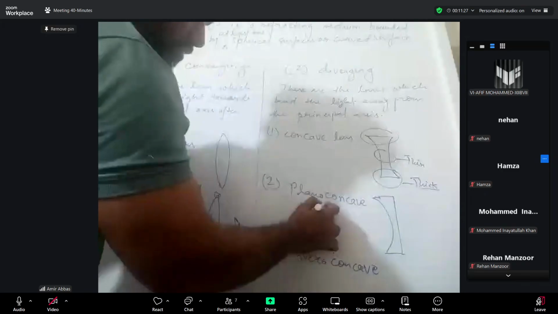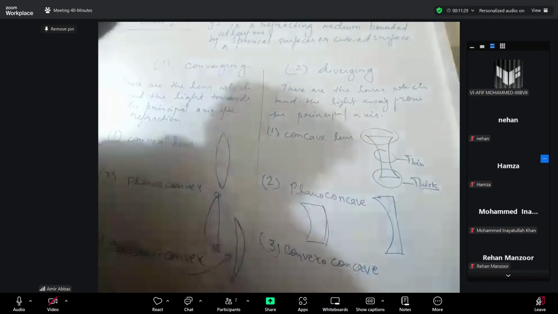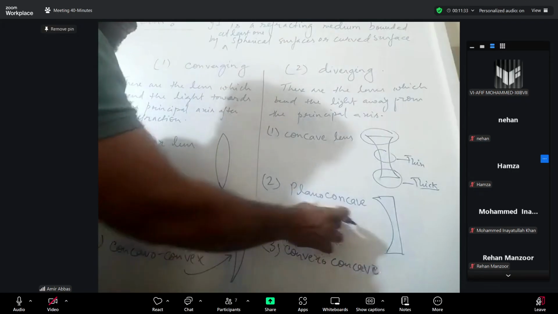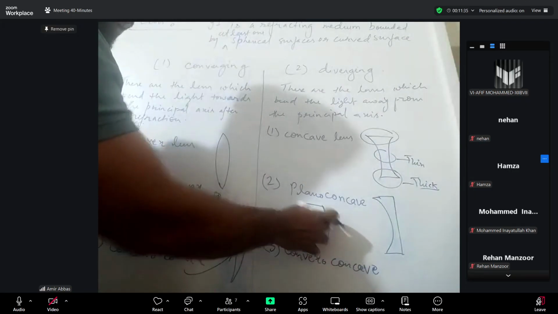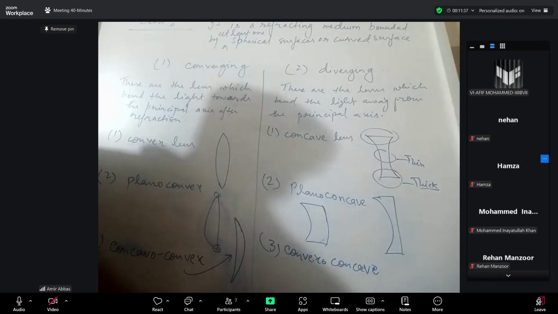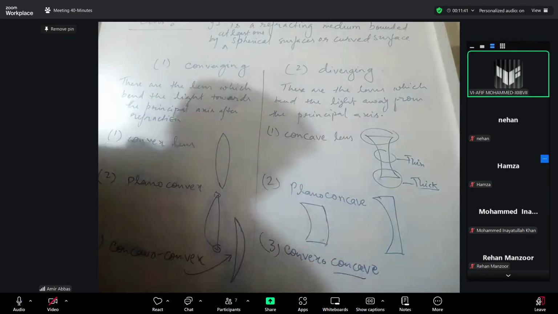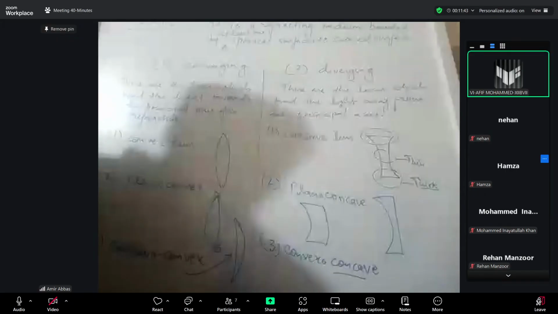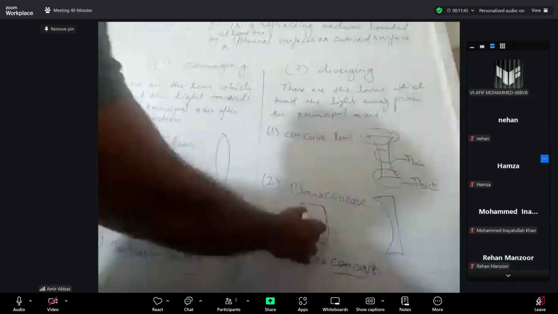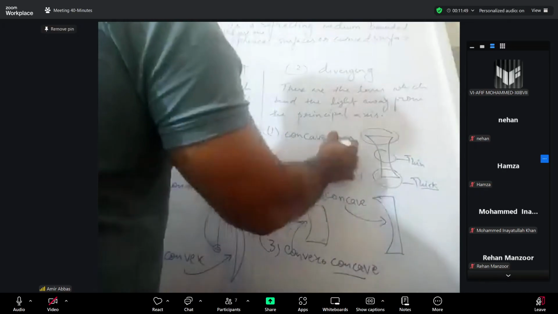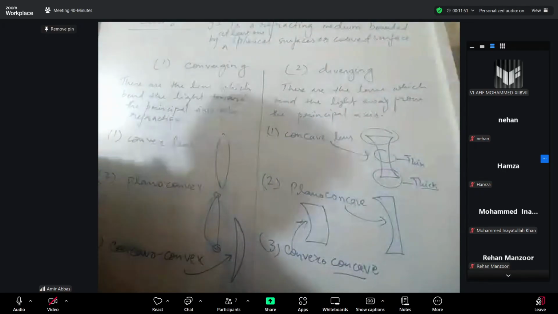It is somewhat like this, having this side as convex and this side as concave. Overall nature is concave, diverging. Have you got this, beta? Okay.